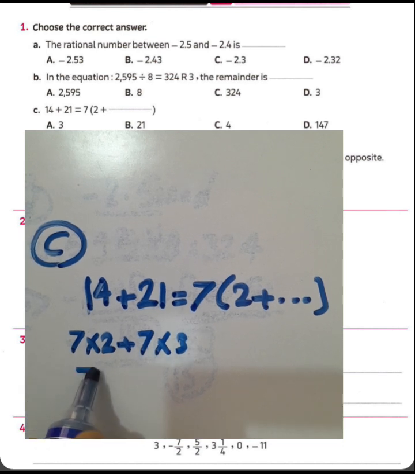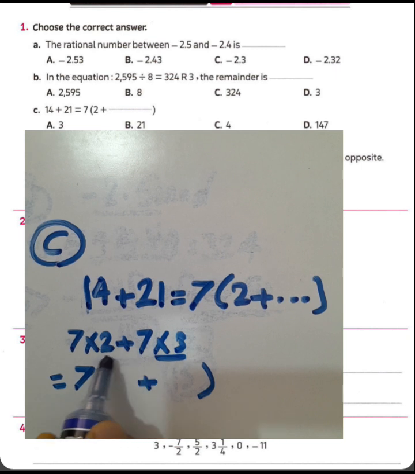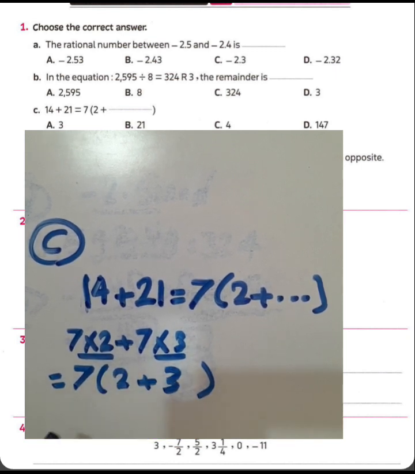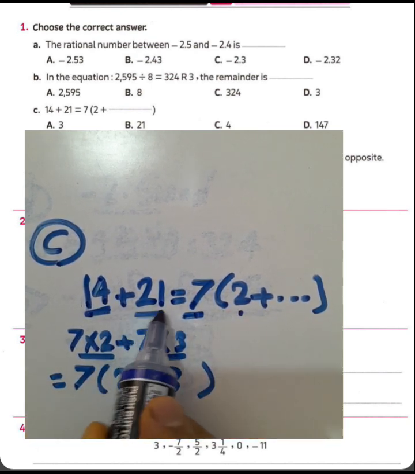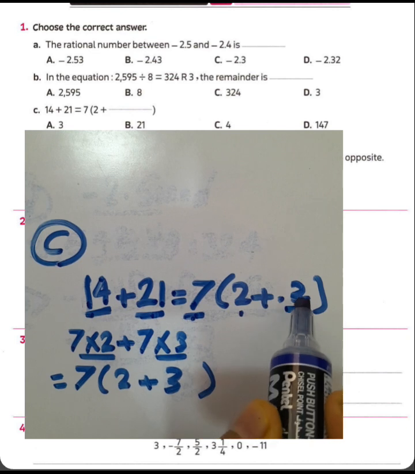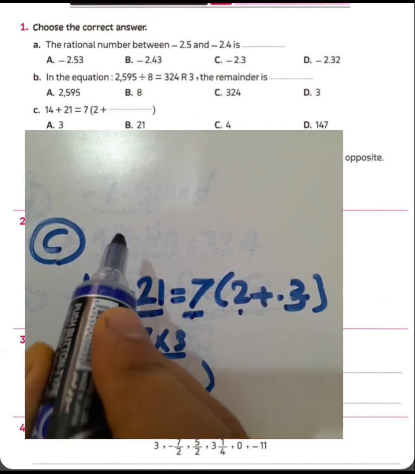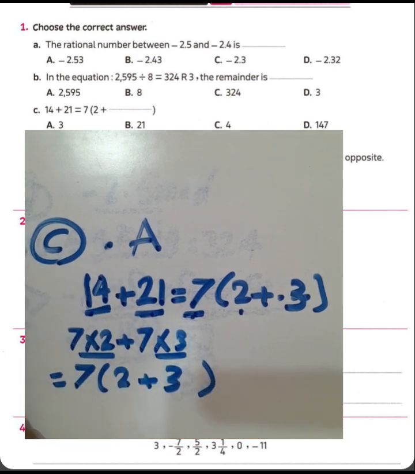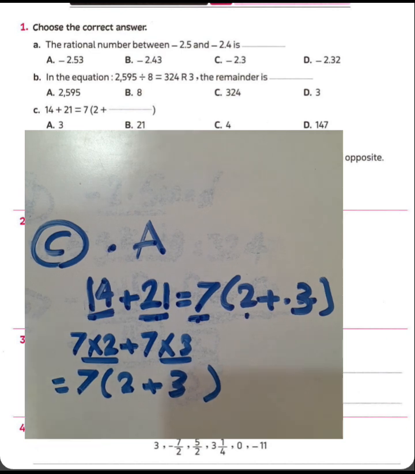Then we can write 7 outside here as the highest common factor between the two terms. 14 divided by 7 equals 2. 21 divided by 7 equals 3. Write 3 in the space. Choose letter A for question C.